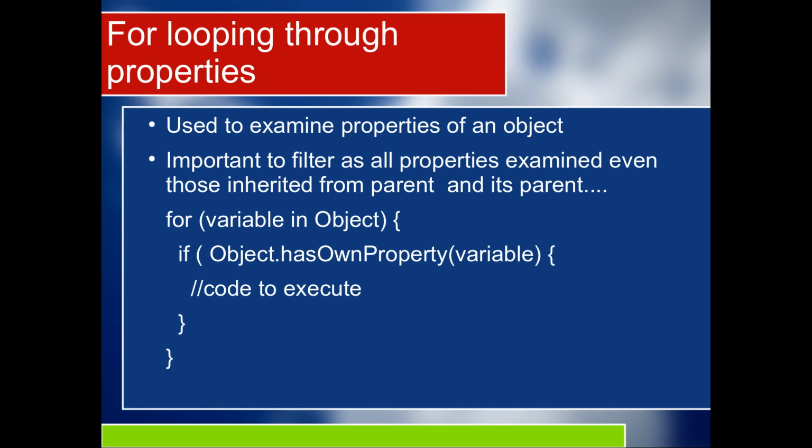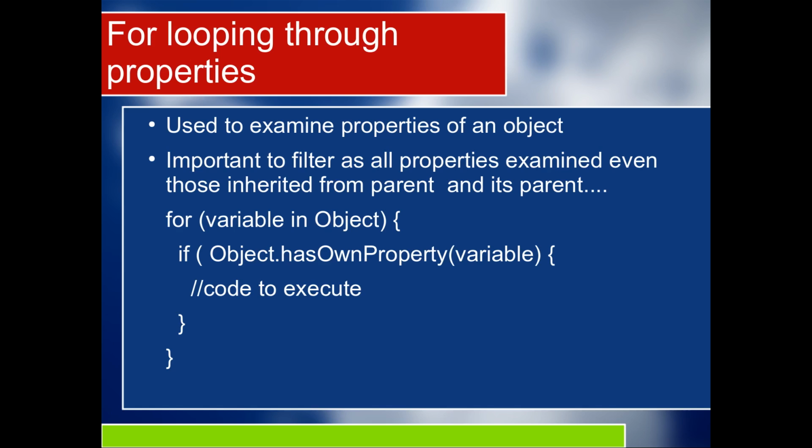Now, this for loop we're going to talk about is used to examine the properties of an object. So its syntax looks like this. For some variable in some object. Usually this is an array or some other object you've constructed.